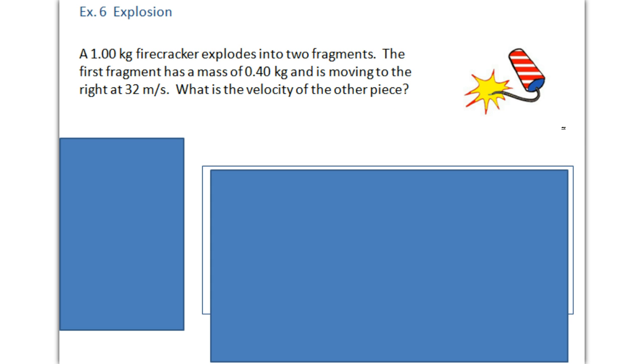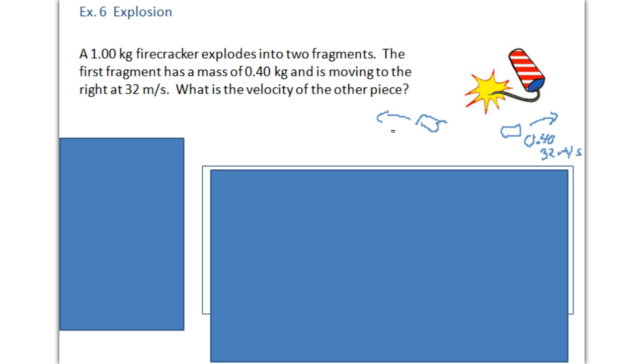So if we take a look here at our firecracker, after it explodes, you get one piece that is going to go to the left, and you have one piece that's going to go to the right. Now the piece that goes to the right, you're told, has a mass of 0.4 and 32 meters per second.